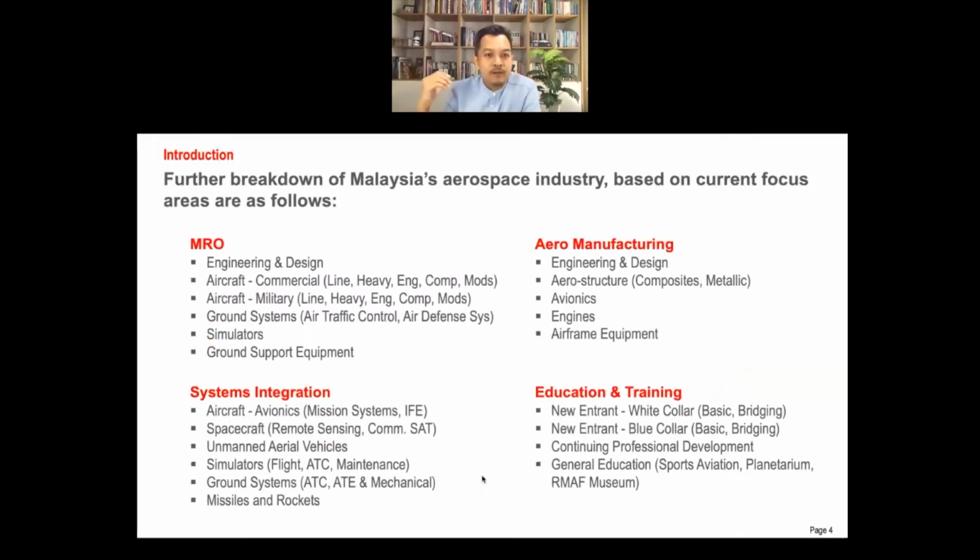Okay, a further background of Malaysia's aerospace industry will be based on the current focus areas as follows. So as we have already highlighted earlier, the 4 focus areas for the first national aerospace blueprint, including the maintenance, repair, overhaul. Okay, the short form is MRO. That includes activities related to engineering and design.